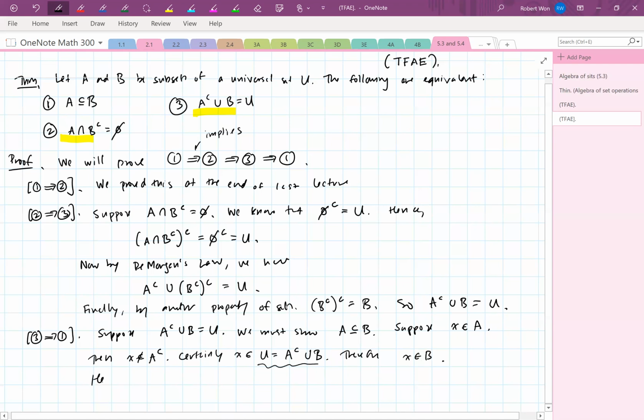And hence, A is a subset of B, just like we wanted. Okay. So this is a nice thing to know, and just a good illustration of a very standard proof technique.